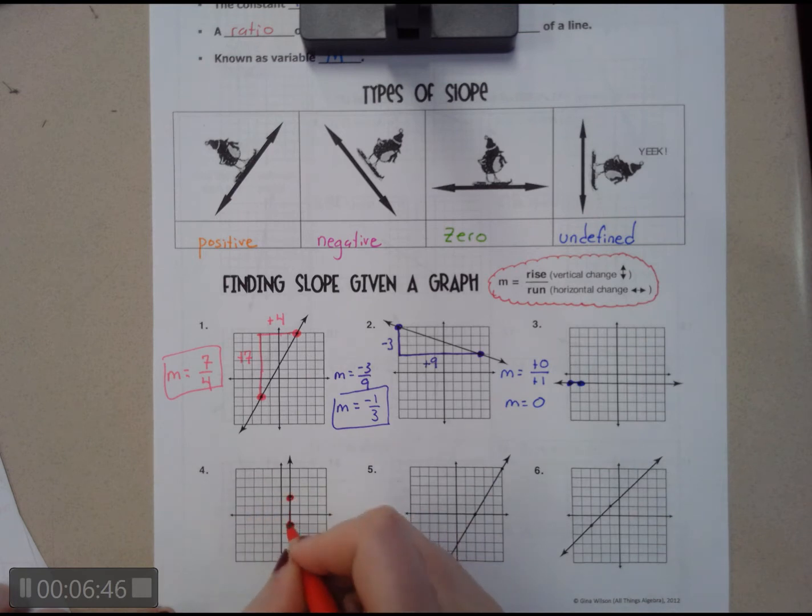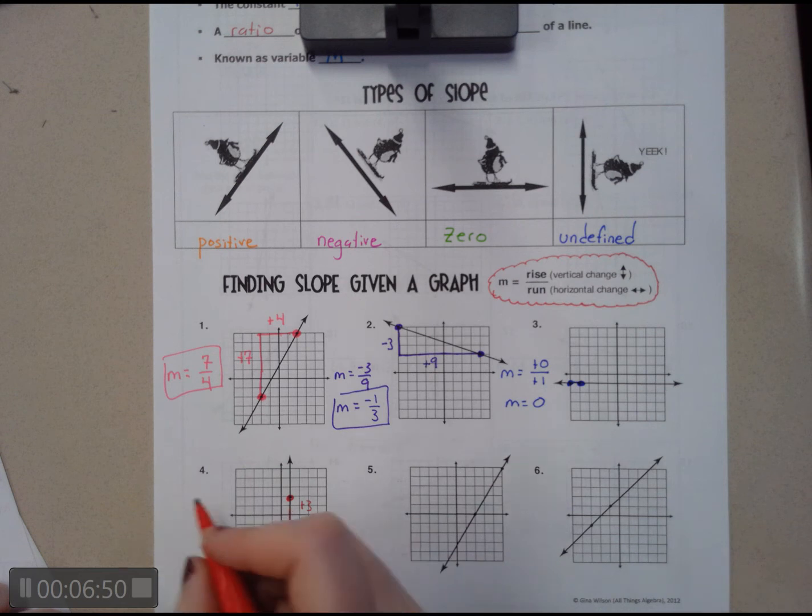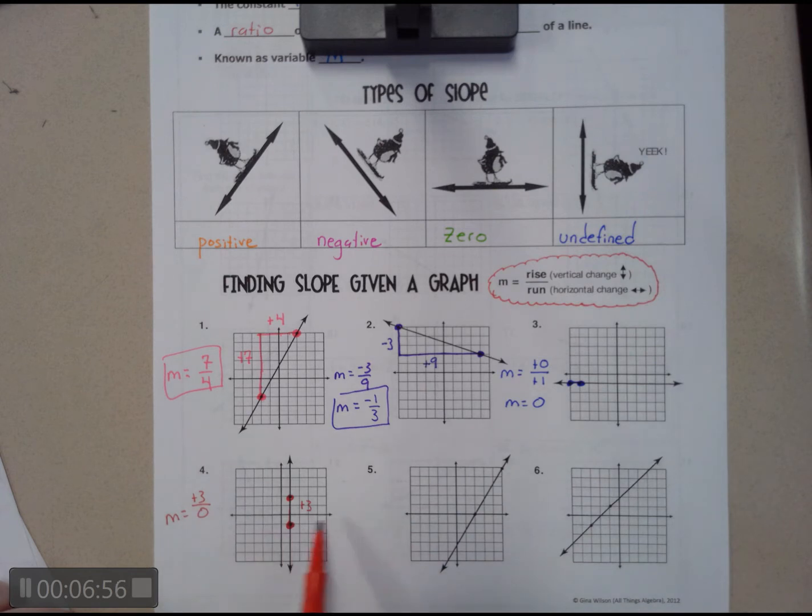So that is a +3. But if you notice, I don't move left or right. So m is going to be +3 over 0 because we didn't move left or right. Okay? And anything divided by 0, when your 0 is in the denominator, your slope is going to be undefined.